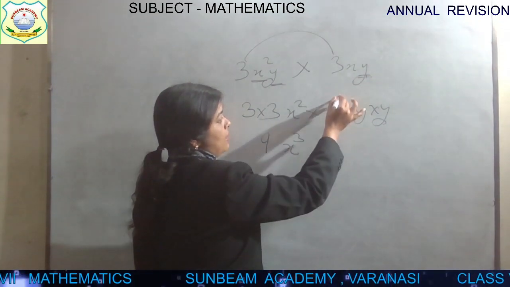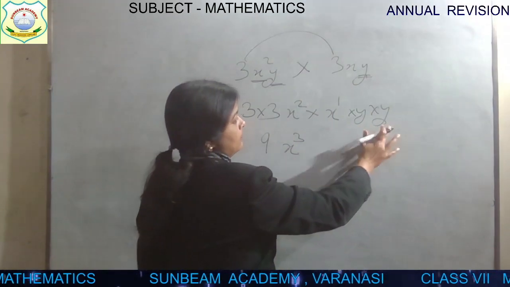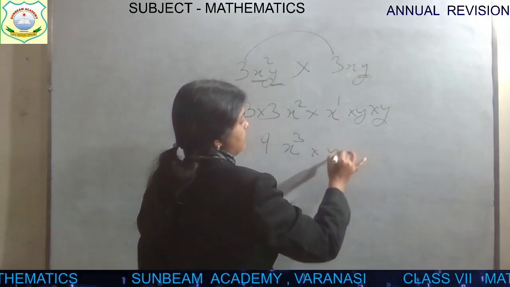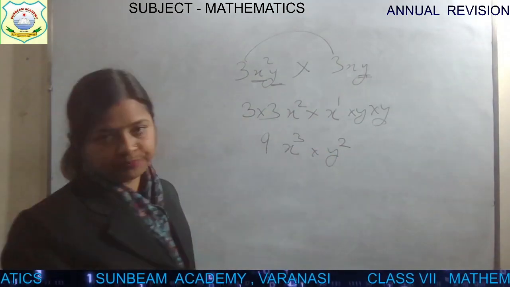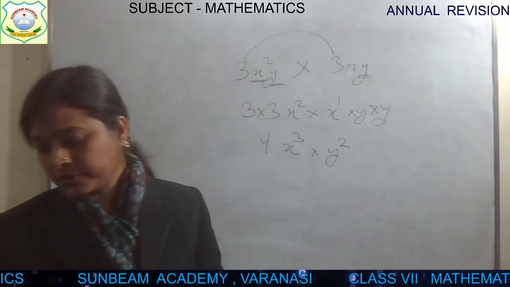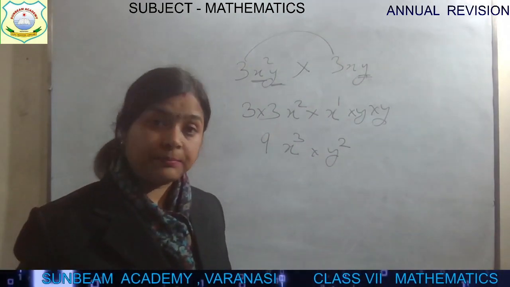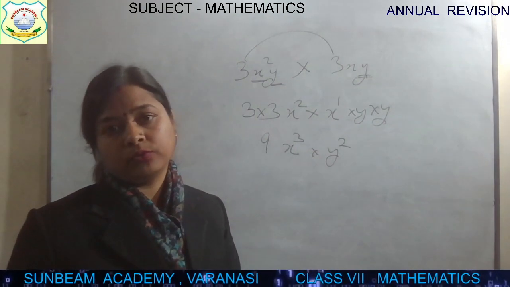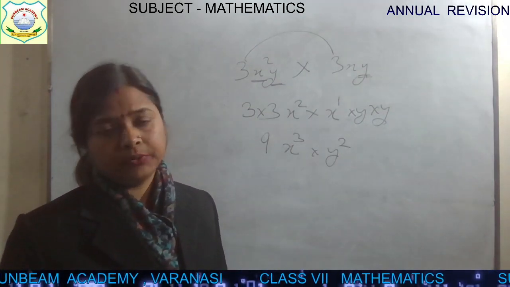Base is same, and if you are multiplying, power will be added. Same here, base is same, that is y, and power will be added. 1 plus 1, that is 2. 2 will be the answer. So children, if we are doing addition and subtraction, then we have to focus on like terms. Otherwise, for multiplication, you can do it.